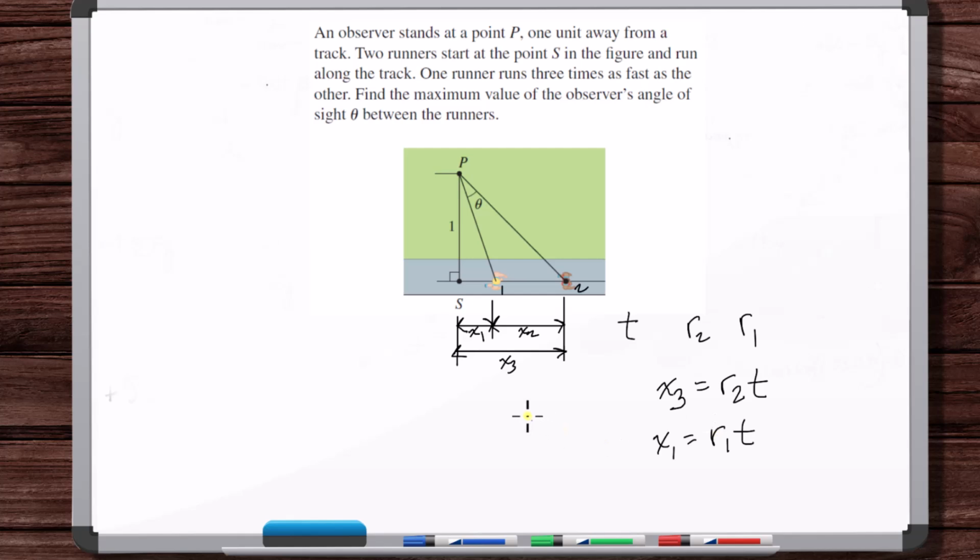And since x1 plus x2 is equal to x3, then x2 is equal to x3 minus x1, which is r2t minus r1t.